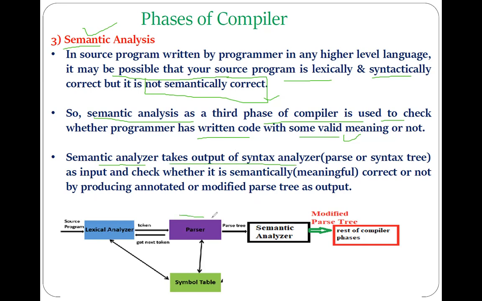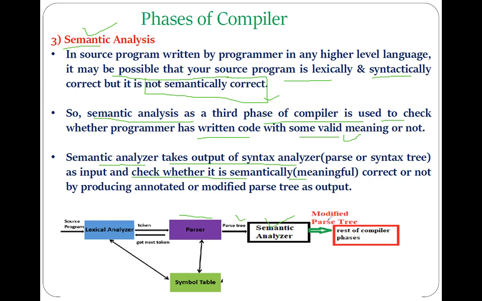Here you can see the semantic analyzer takes the output of the syntax analyzer. The output of the syntax analyzer is a parse tree. So the semantic analyzer takes a parse tree as input and checks whether it is semantically correct, whether it is meaningful or not. That is the work of the semantic analyzer. How will the semantic analyzer do that?